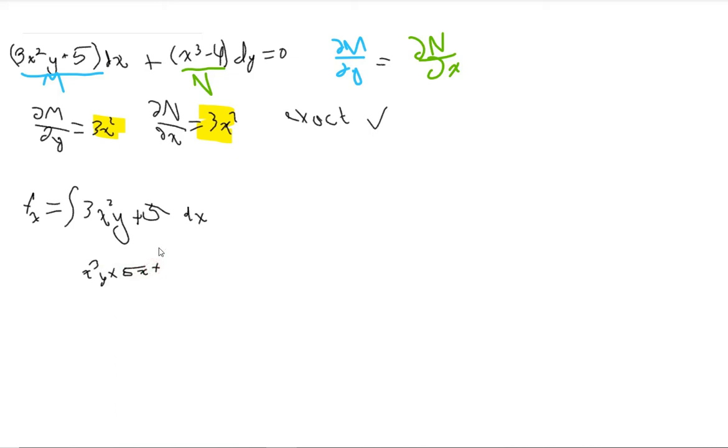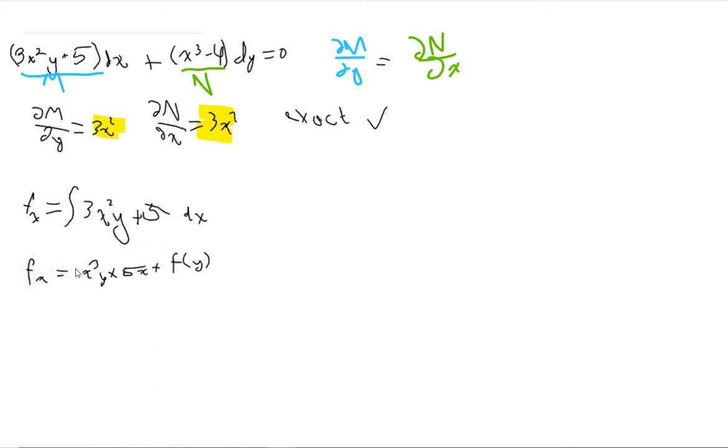But since this is a multivariable integration, we don't know if it's a constant or some function of y. It could be plus 2, but it could also be plus y squared. We just don't know. So we're going to put in plus f of y, some function of y. And this is all still a function of x.